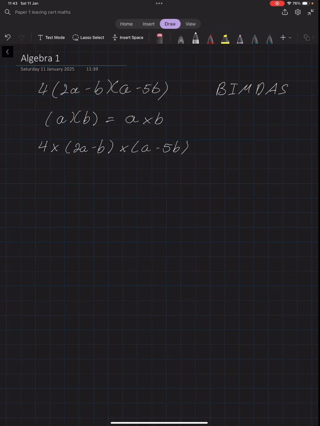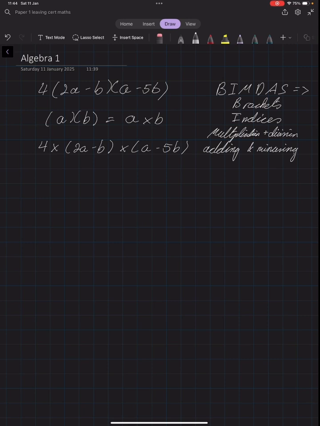This basically says you always do brackets first, then you do indices, then you do multiplication and division, and then A and S is just adding and minusing.